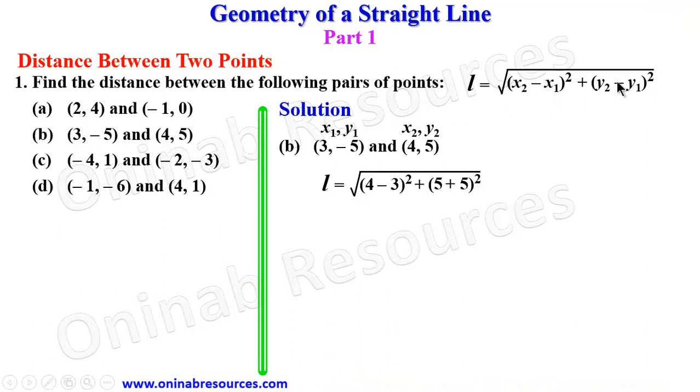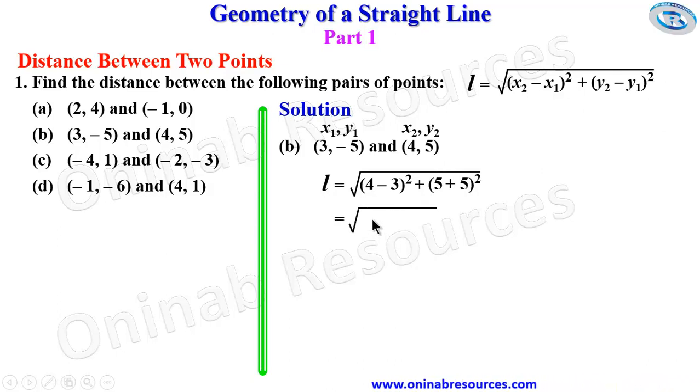I hope you understand that. This is minus y1, and y1 is -5. Negative gives positive, so we have +5 then squared. Simplifying this, we have square root of 4 minus 3 gives 1 squared.